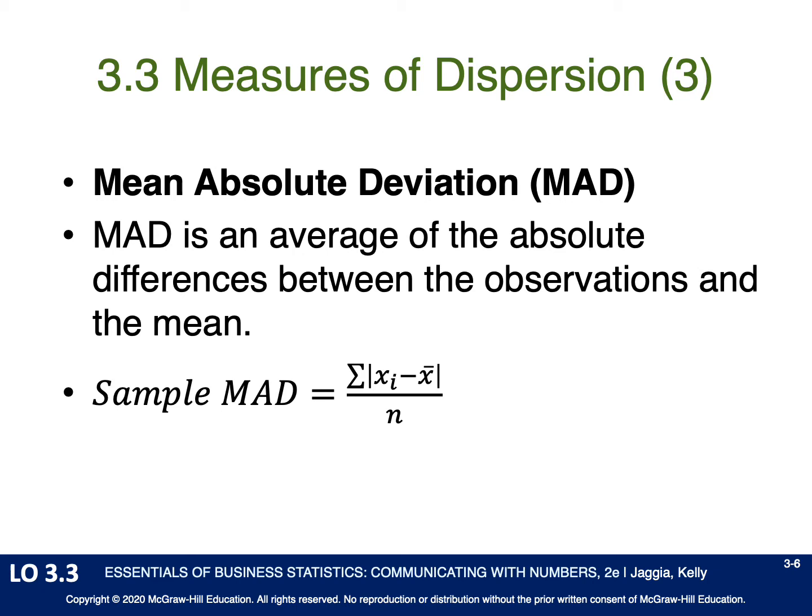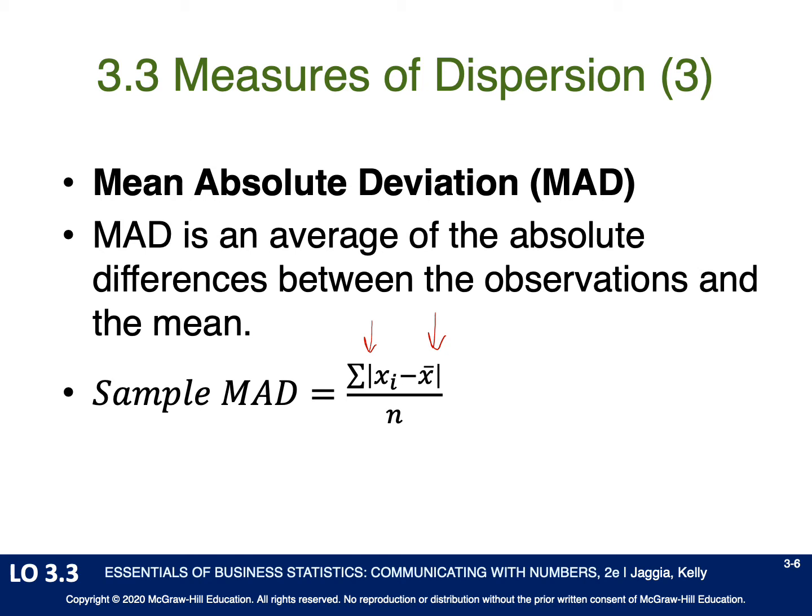Remember, this funky E is our Greek letter sigma, of the absolute value. These bars right here mean absolute value of the observation. So xi is whatever your observation is, minus x bar, which remember is the sample mean. And then we divide it by n, which is the sample size.